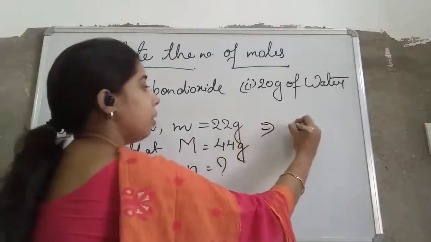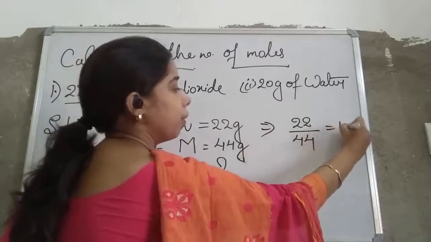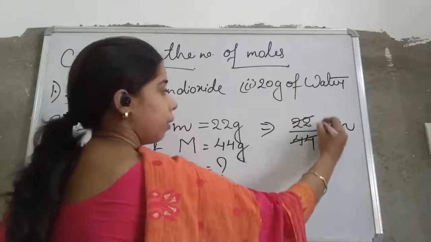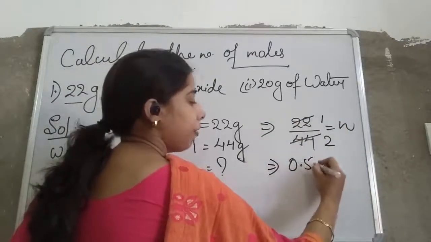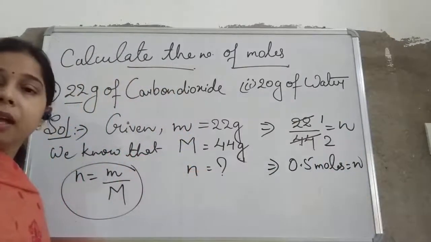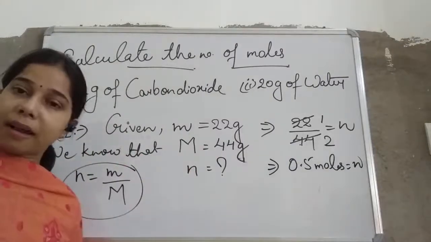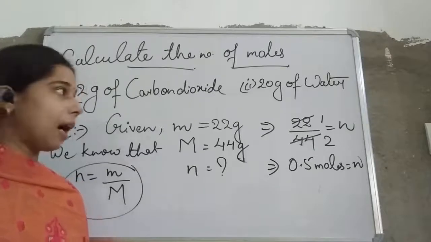So you see, 22 upon 44 is equal to n. So it will be equal to 1 by 2 or 0.5 moles, the number of moles present in 22 gram of carbon dioxide. So 0.5 mole will be the answer.